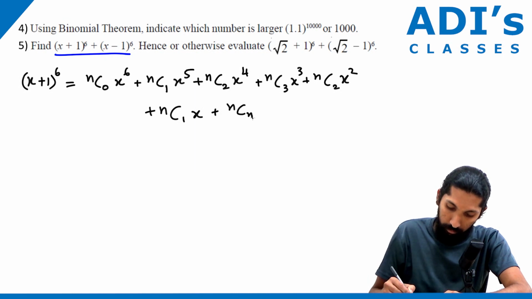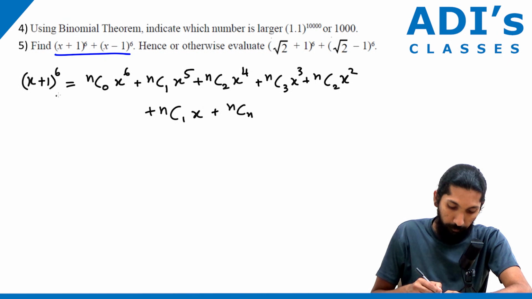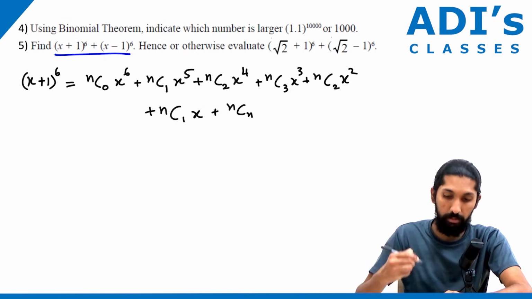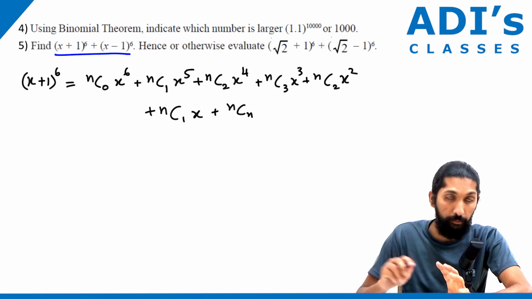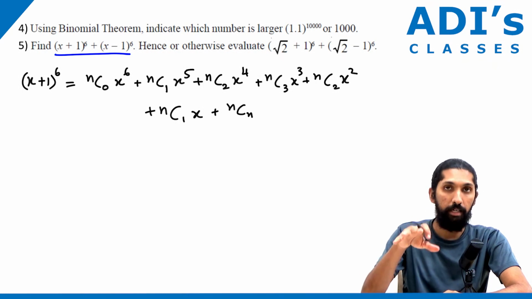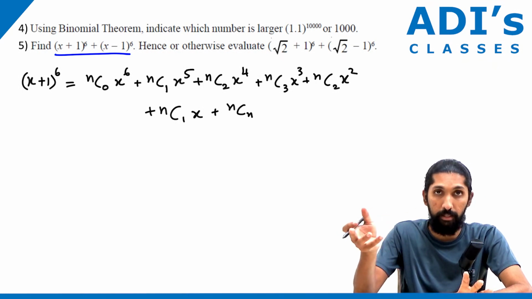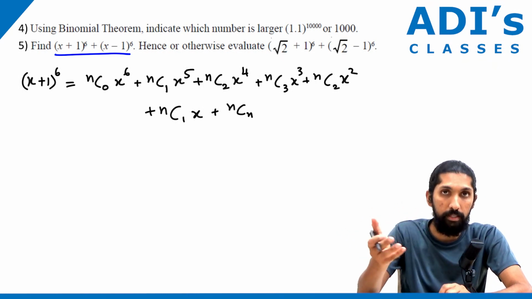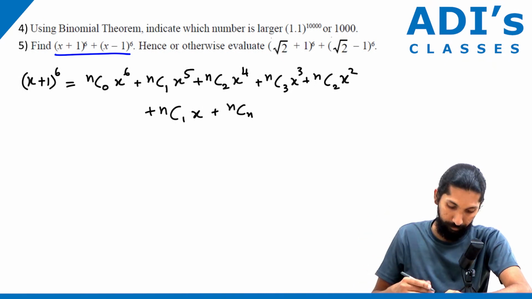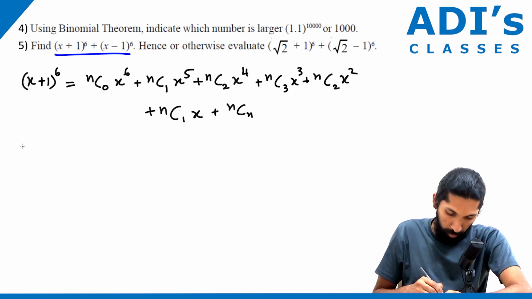So in this case, since the power is 6, wherever we have n, you can just put it as 6. Right now I'm not putting the value of n as 6. You will understand why, because if you do it generally, it's much easier. That's all.